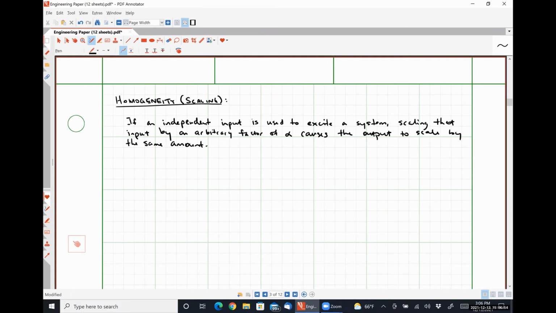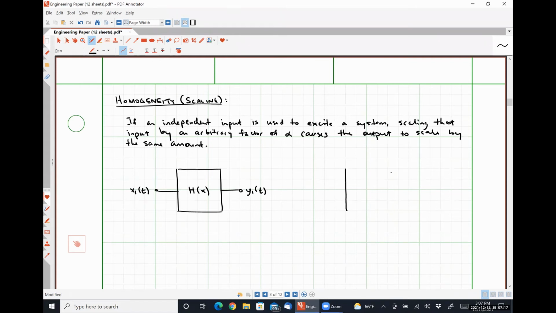So if we have a black box system with a transfer function h of x, we apply an input x1 of t and observe an output y1 of t.